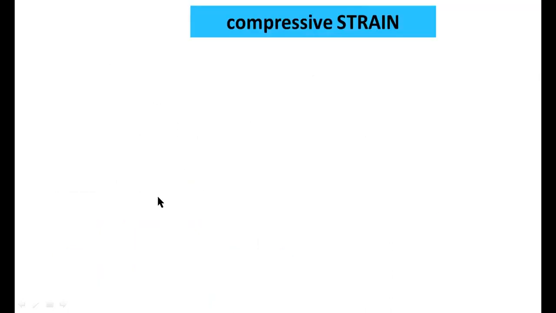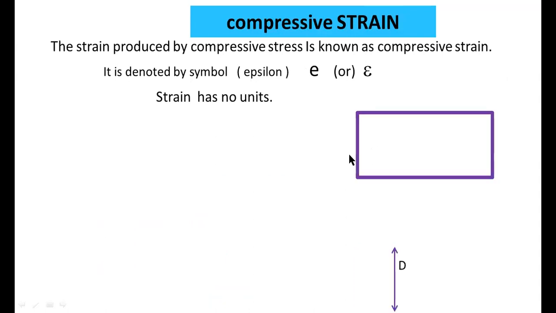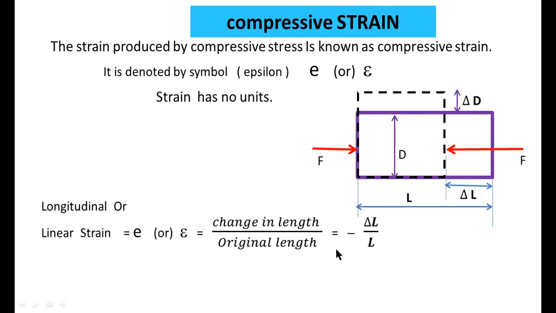Compressive strain. The strain produced by compressive stresses is known as compressive strain. In this case, you have to apply two equal and opposite compressive loads. Then there is a decrease in length and increase in diameter. So here, minus delta L by L for linear strain.